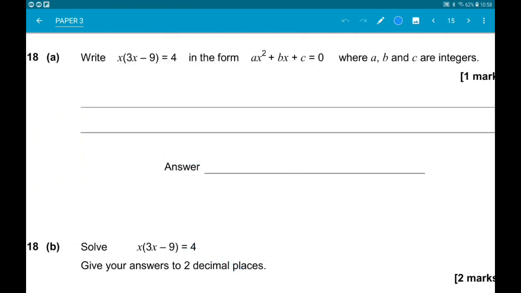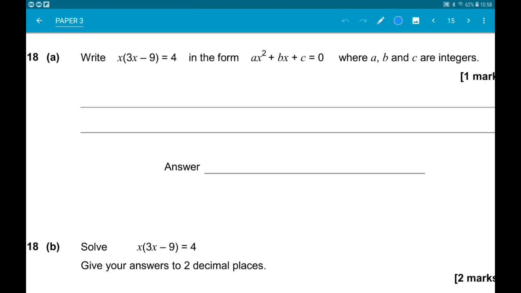Number 18, we have quadratics and the quadratic formula. So part A, write x times 3x minus 9 equals 4 in the form ax squared add bx add c is equal to 0.